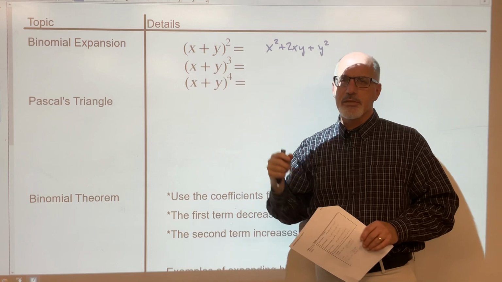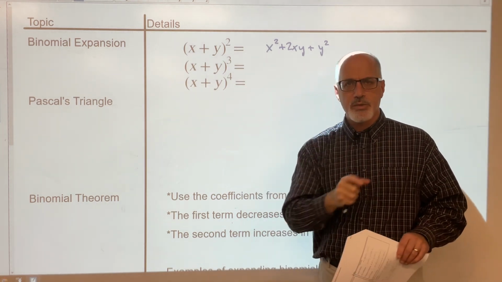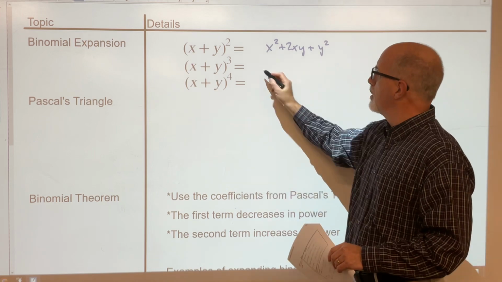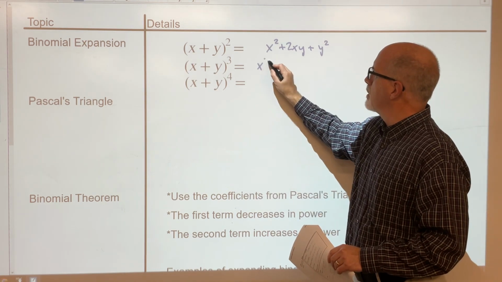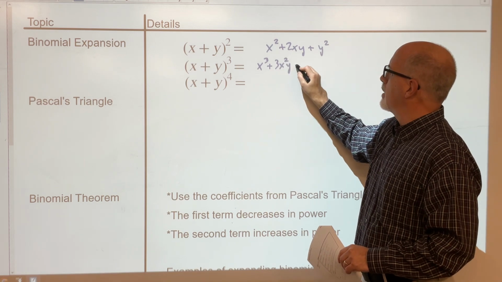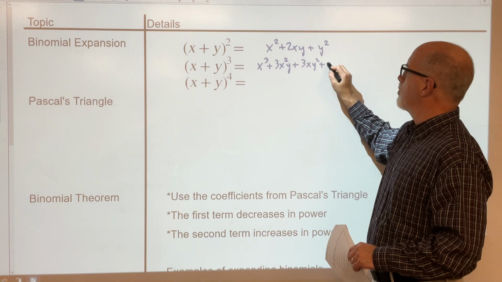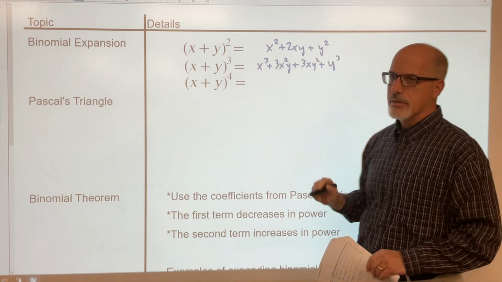If you were to take x plus y cubed, which is x plus y times x plus y times x plus y, and multiply it out, you would get x cubed plus 3x squared y plus 3xy squared plus y cubed.